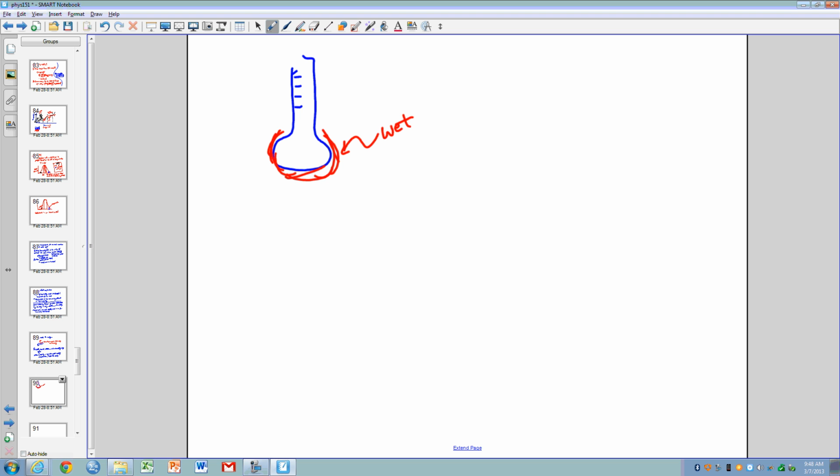If you have a really high humidity, then the water on that bulb isn't going to evaporate very much, and so it'll drive that temperature reading up. Whereas if you have a very low humidity, the water will evaporate very quickly from that wet bulb, and it'll cause the temperature to drop for the same reason that sweating causes your temperature to fall. You're not responsible for that. I just think it's kind of interesting. You've probably seen that before.